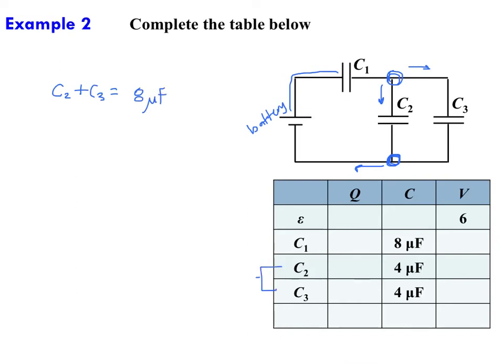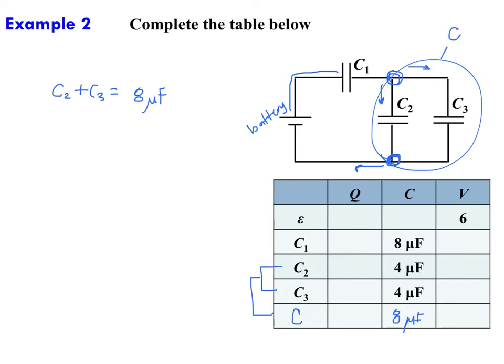So I can make a separate column for this one if I really wanted to help simplify my circuit a little bit. Okay, now I can tell that this capacitor, the equivalent capacitor of C2 and C3, is 8 microfarads.